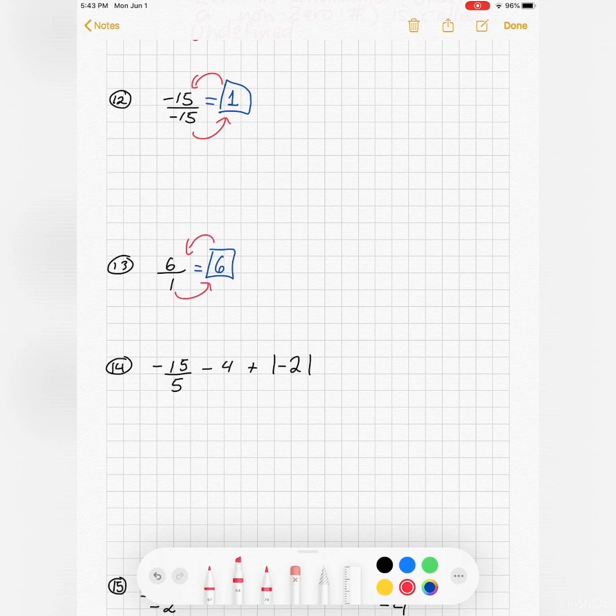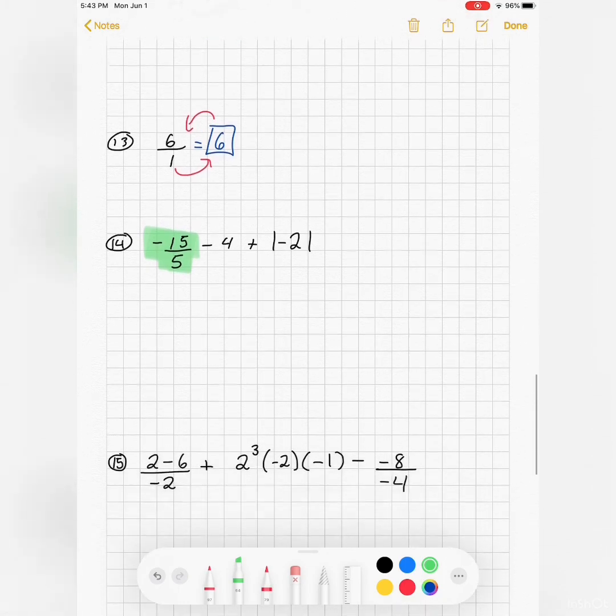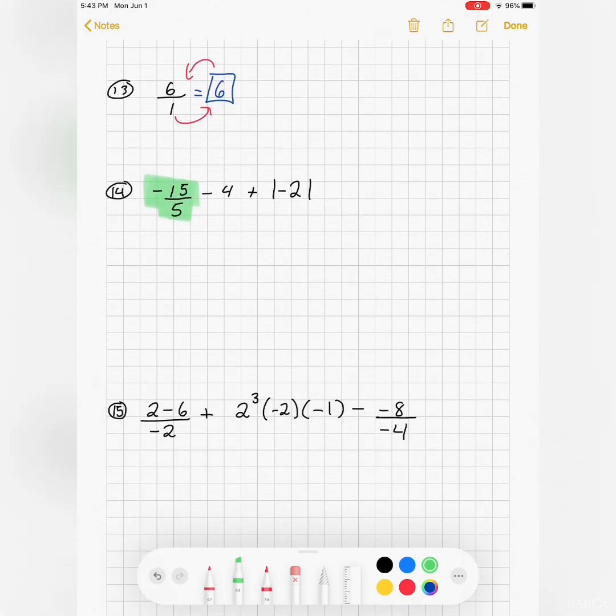Longer expressions, I work from left to right. Okay, so let's see. Negative 15 divided by 5. I have a negative divided by a positive, that's negative. Carry the rest of the expression down. Negative 3 minus 4. I'm $3 in debt, spend another $4, now I'm $7 in debt.